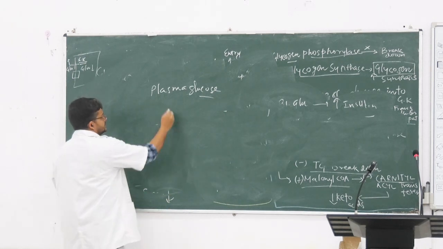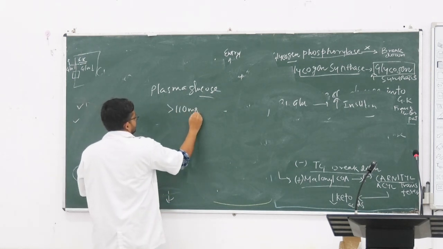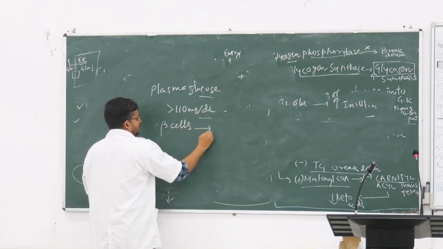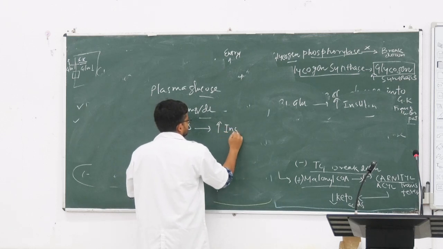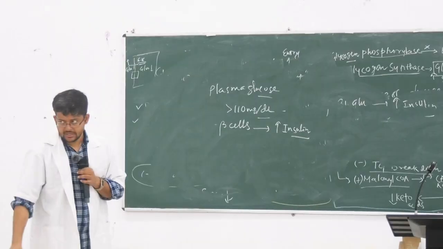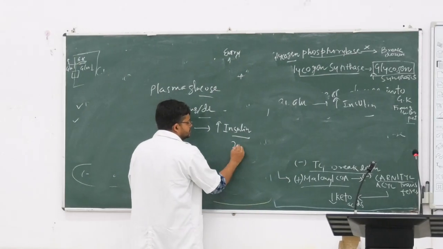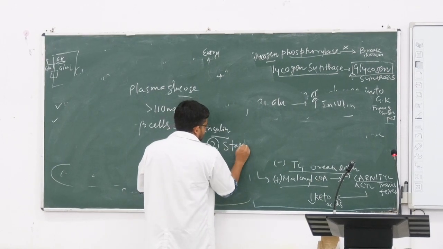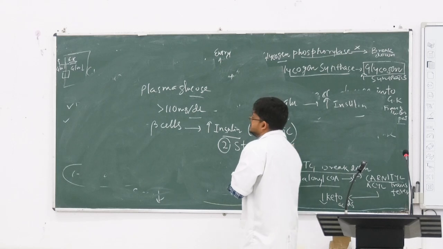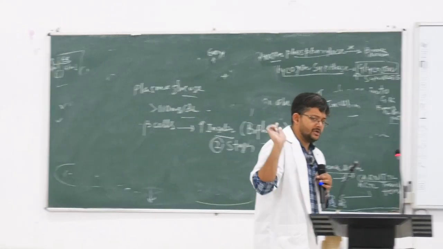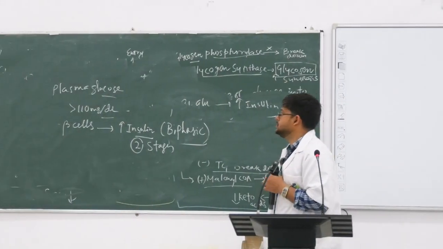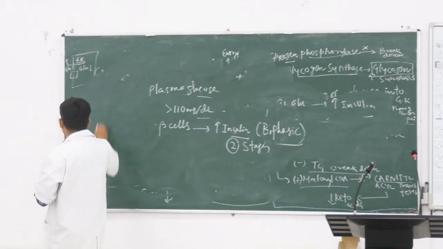Whenever plasma glucose is crossing 110 mg/dl, beta cells are stimulated, and because this happens in two stages, this is known as biphasic insulin secretion.